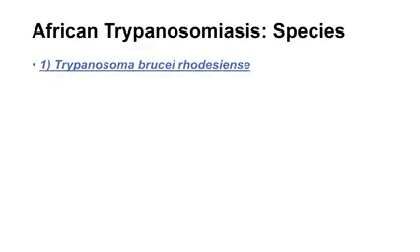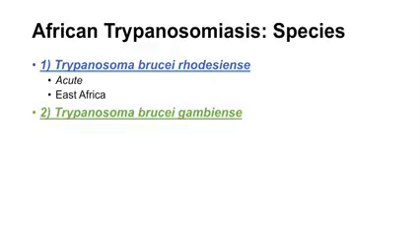Well, one of the species that causes African trypanosomiasis is Trypanosoma brucei rhodesiense. And Trypanosoma brucei rhodesiense causes an acute illness, and it is more located in East Africa, so in the eastern sub-Saharan African region.